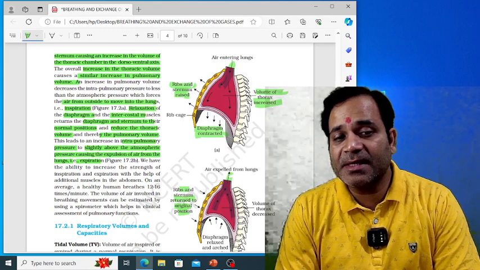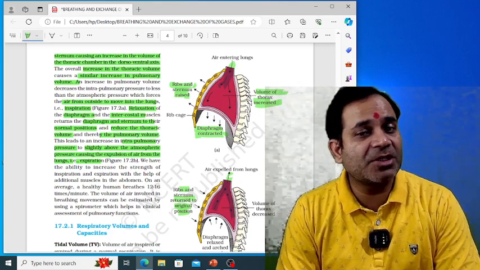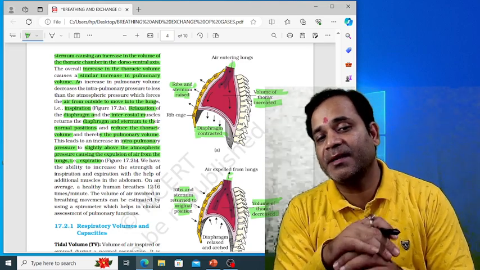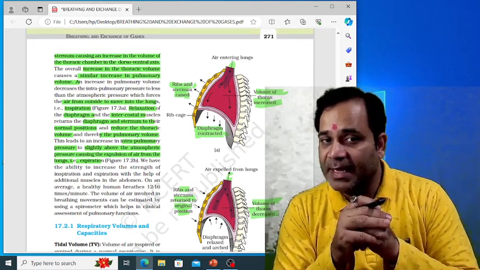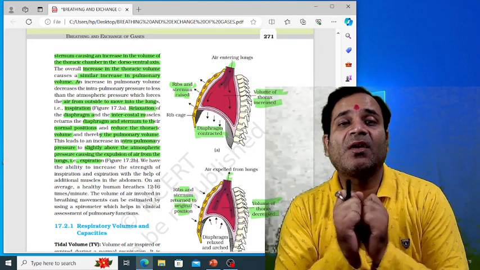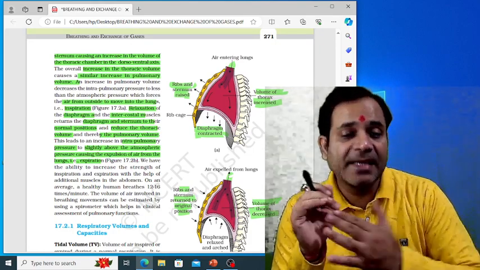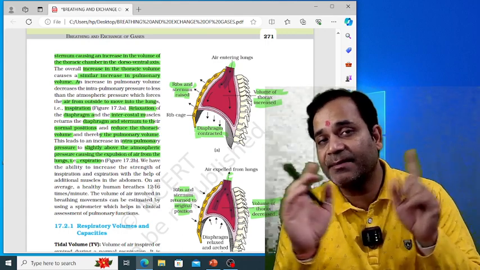And once the ribs and sternum return to their original position, the volume of the thorax decreases. Yes, you are right. The volume of the thorax decreases, and the diaphragm also relaxes and becomes arched.